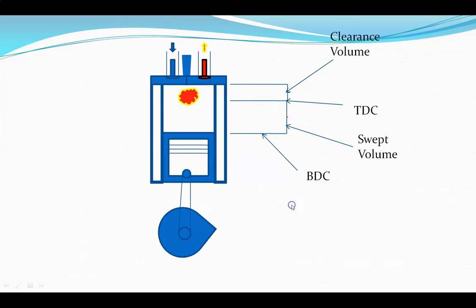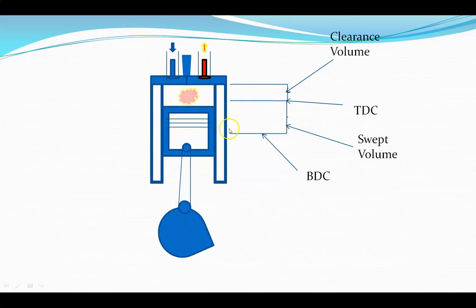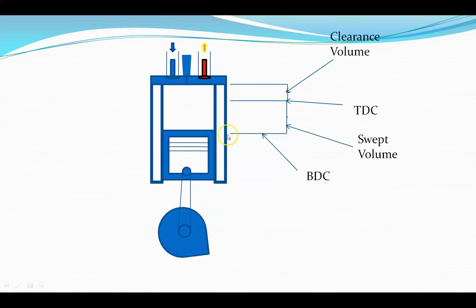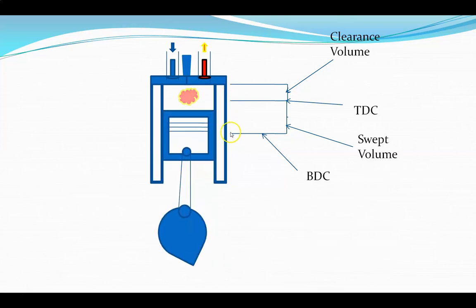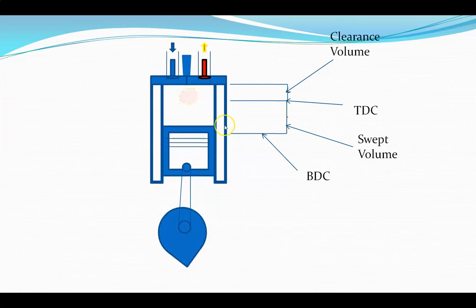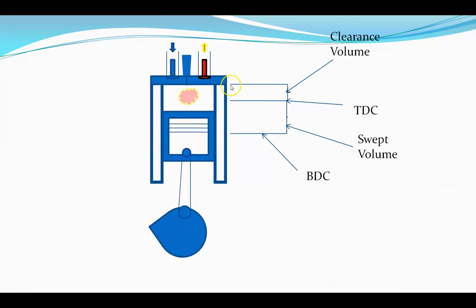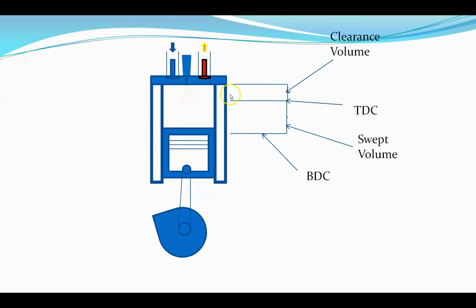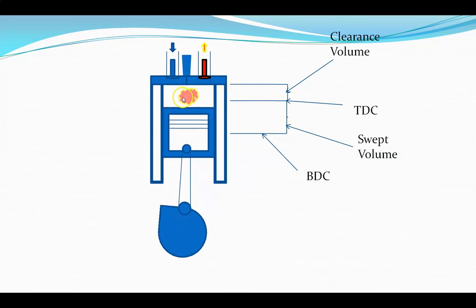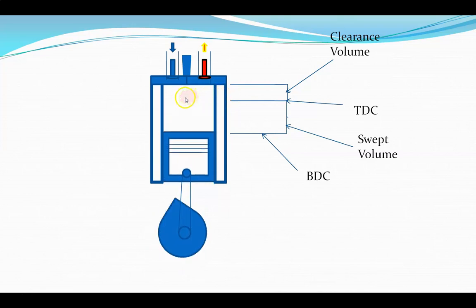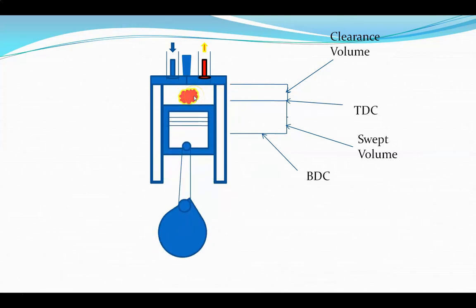As we start the machine, the piston gets to here and it comes down. In the reciprocating motion, it gets to here and comes down. From here to here is what we call the swept volume, the volume swept by the piston. And from here to here is the clearance volume, where the combustion takes place.